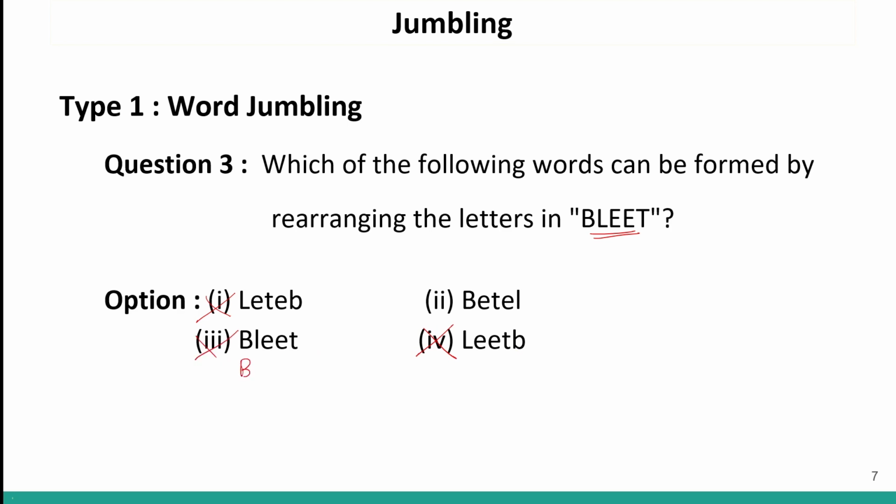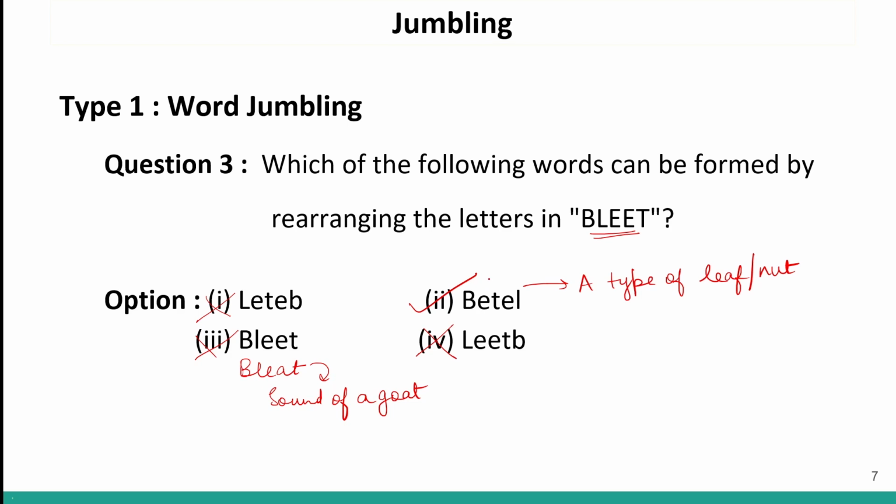No. If it was BLEAT, that would mean the sound of a goat. But bleat is not a word. Beetle is a word, it means a type of leaf, beetle leaves, or it is a type of nut also, beetle nut. So option number 2 will be your correct answer.